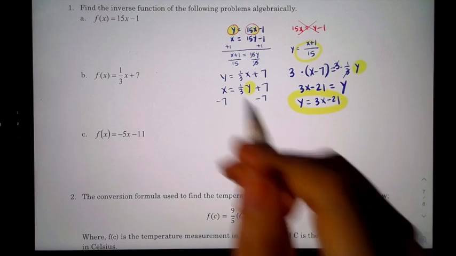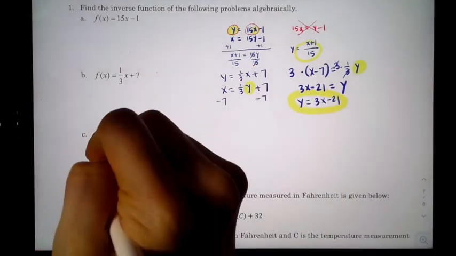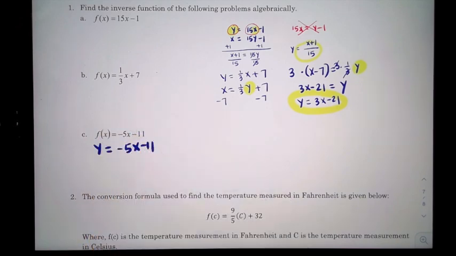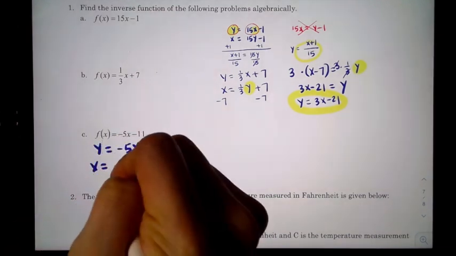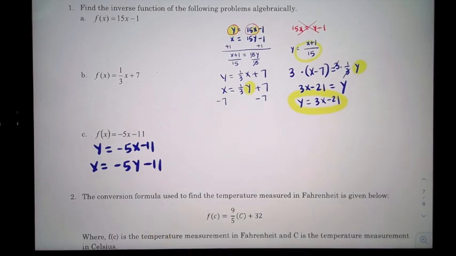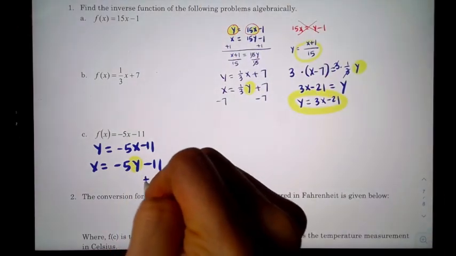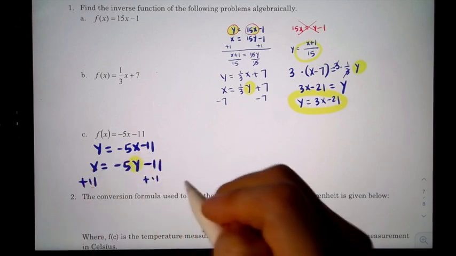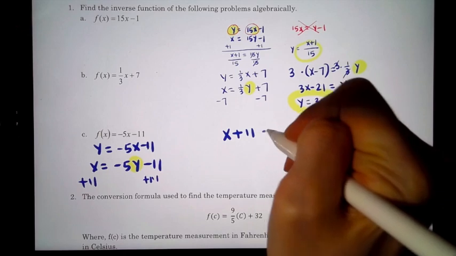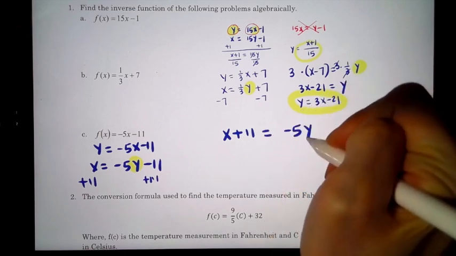Okay, and C, same work. So f of x, change it to y, like this. And we change x and y. X equals negative 5y minus 11. And get rid of this 11 because I want to solve it for y only. So you do plus 11, plus 11. It will be x plus 11 equals negative 5y.